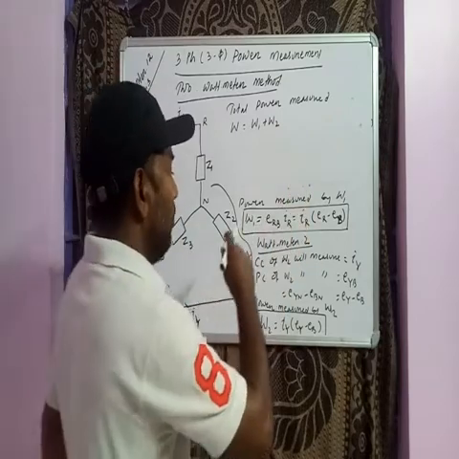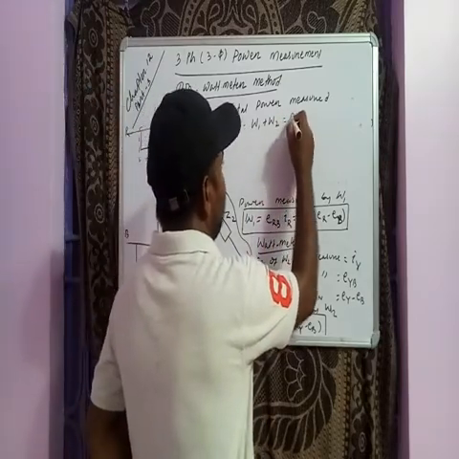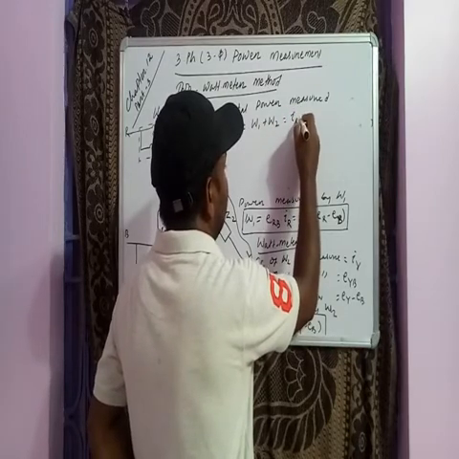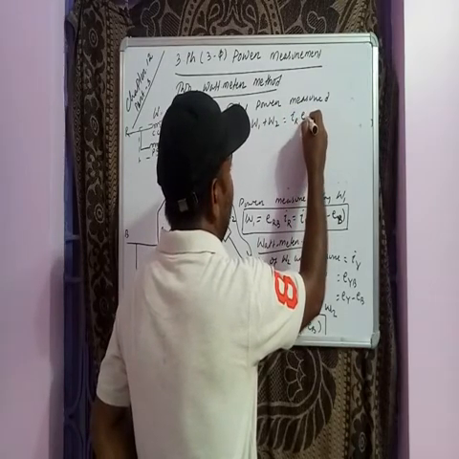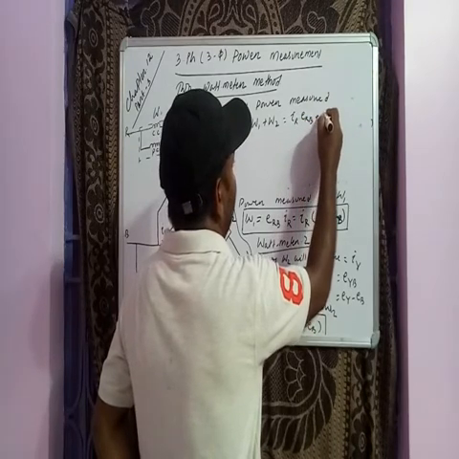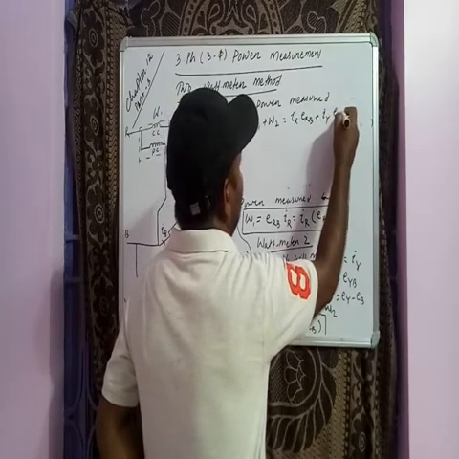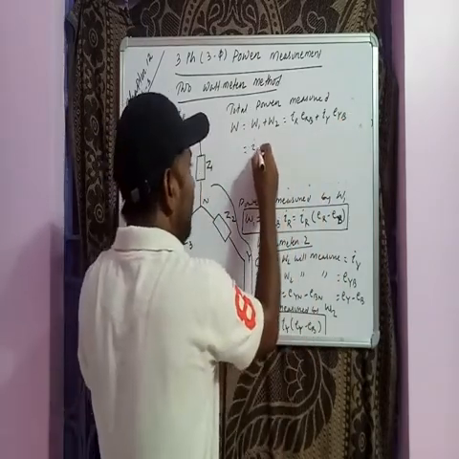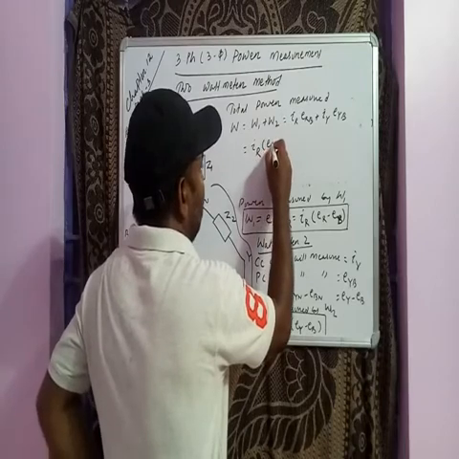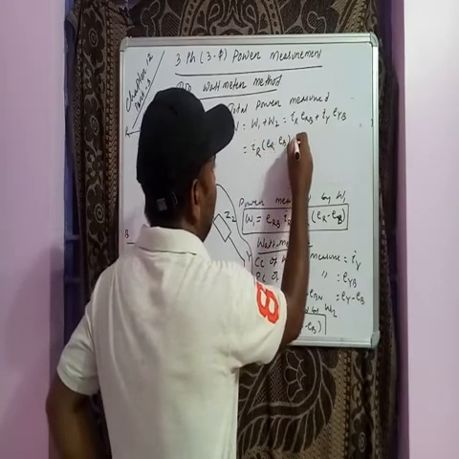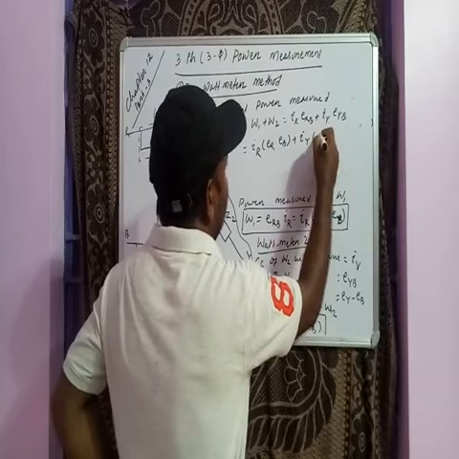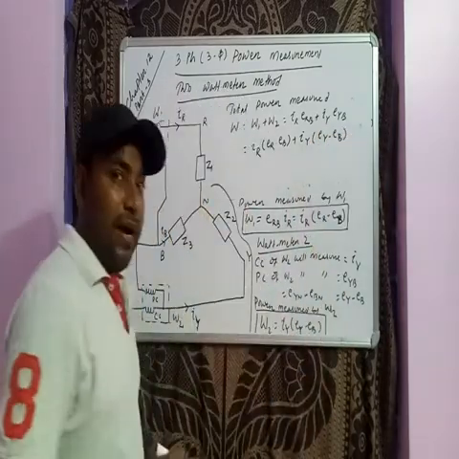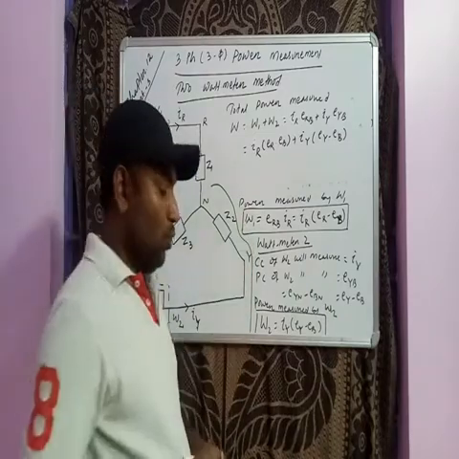Put the values of W1 and W2: it is IR into ERB plus IY into EYB, or we may write IR into ER minus EB plus IY into EY minus EB. Only the values of W1 and W2 I have put there.